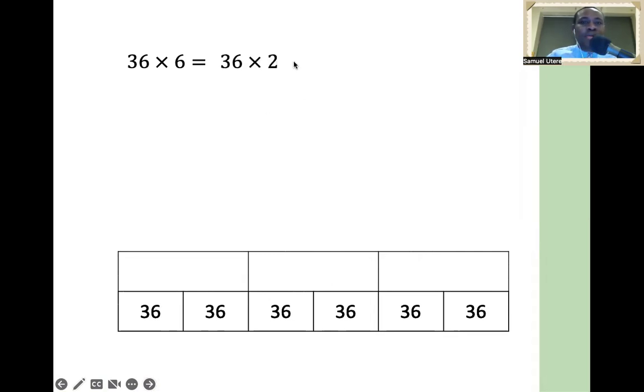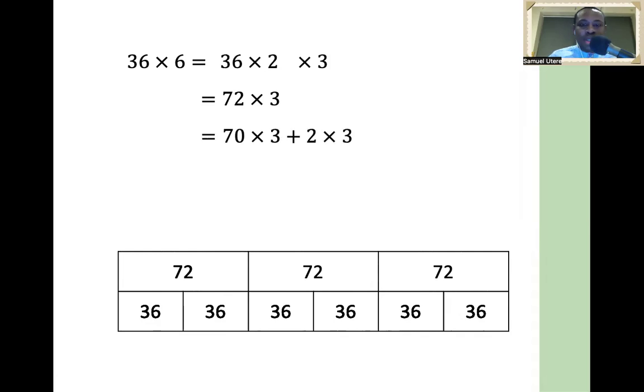But there is another factor missing, which is to multiply by 3. So this calculation can be written as 36 times 2 times 3. Hence, your calculation simplifies to 72 times 3. And 72 times 3 can be partitioned to be 70 times 3 plus 2 times 3, which is 216.